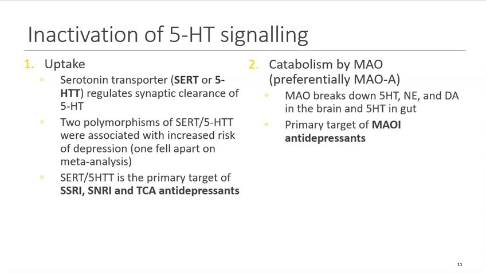And you can actually get some antidepressants that target this specifically, the MAOI antidepressants. Again, it's targeting, usually decreasing, the amount of catabolism by the MAO so that the serotonin can be in the synapse longer, therefore letting the serotonin affect the postsynaptic cell more.